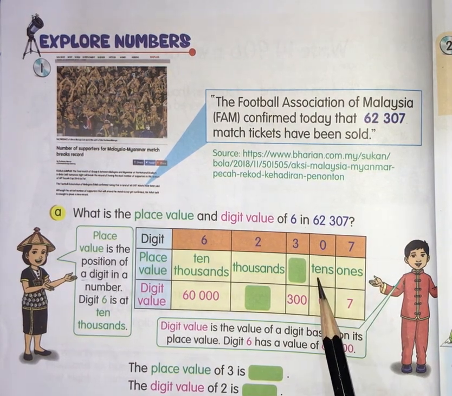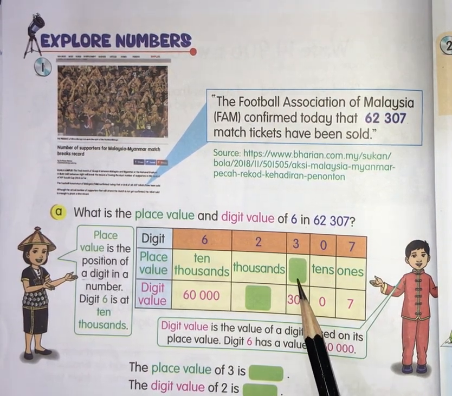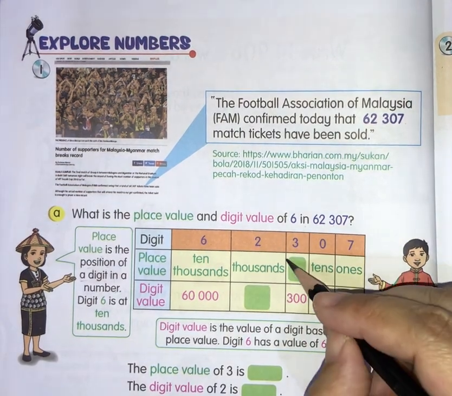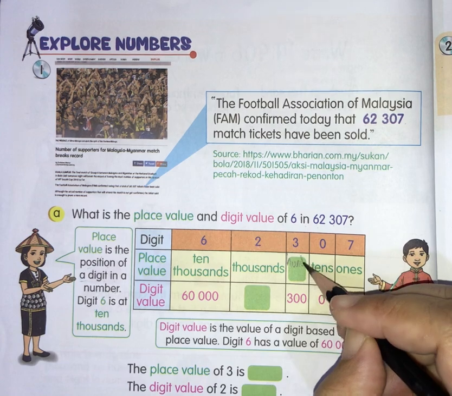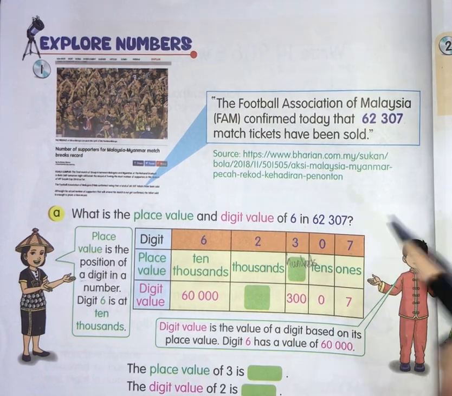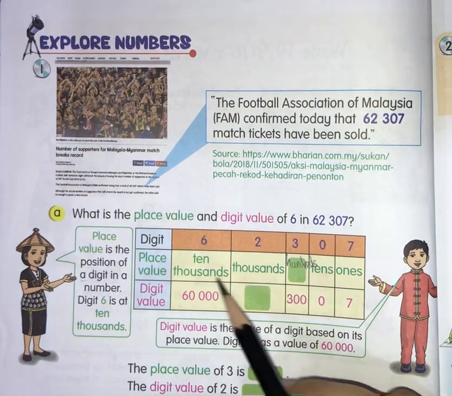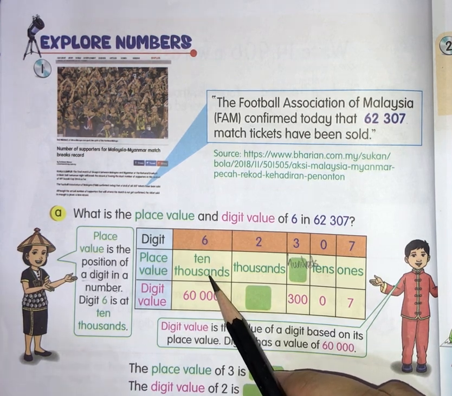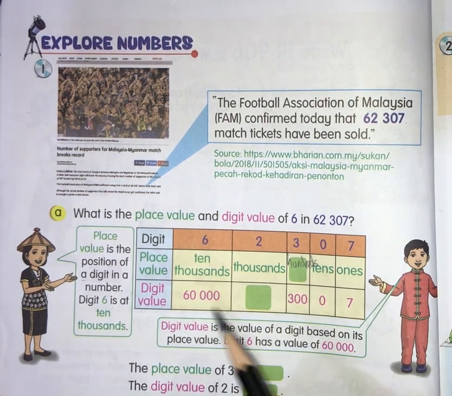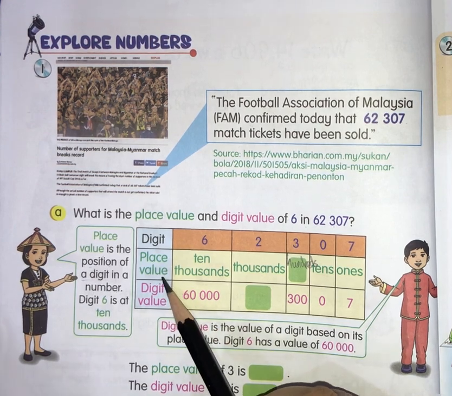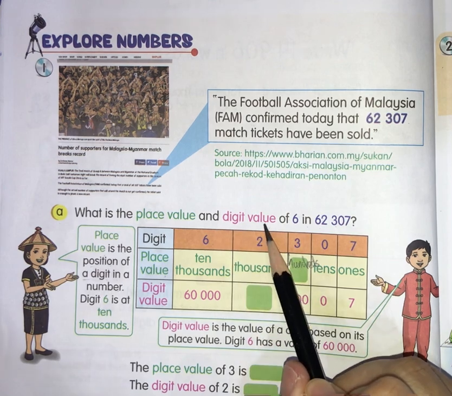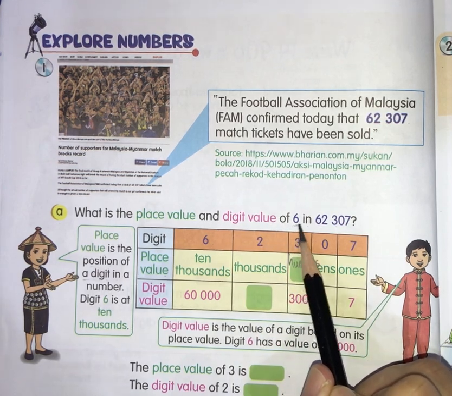The next one is tens. The next one, bigger than tens, is hundreds. Then you have thousands, and then 10,000. This is what we call place value. So the question is asking about the digit 6.